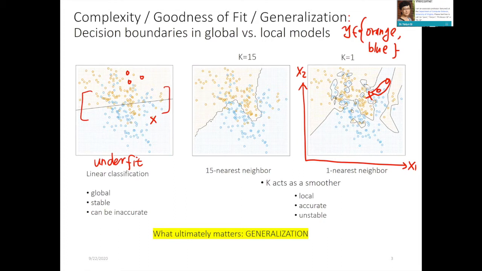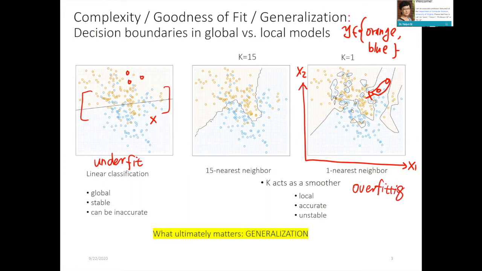It just fits noise in the end. It fits the training data so well that it potentially has high testing error. So this is the overfitting case.